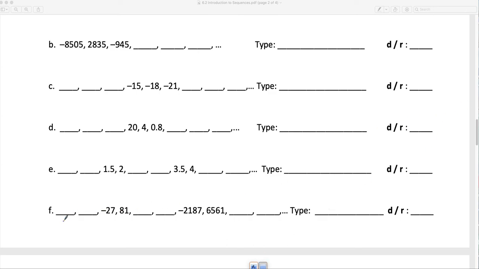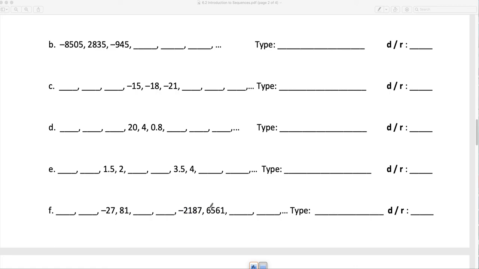Here's my last example. I've got a negative 27 to a 81, a negative 2187 to a 6561. Okay, so remember my time-saving tip. The signs could alternate in a geometric sequence, but they can't do that in an arithmetic sequence.